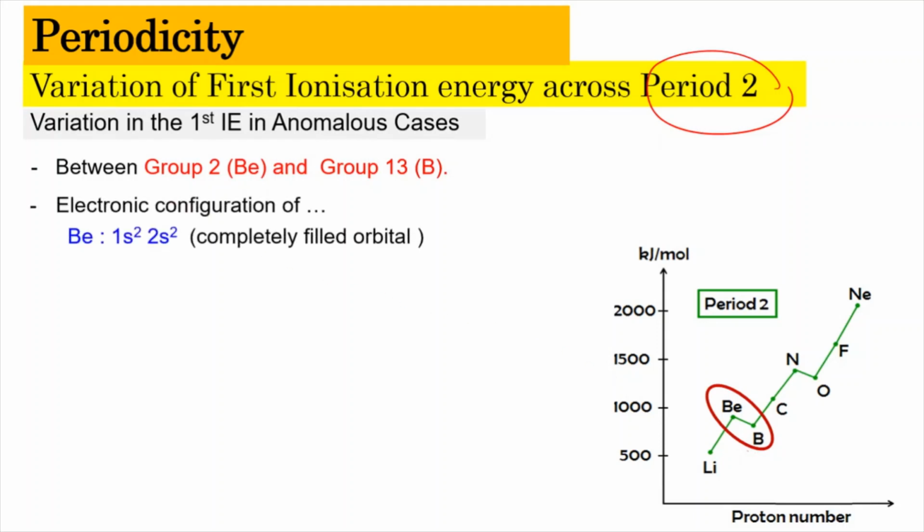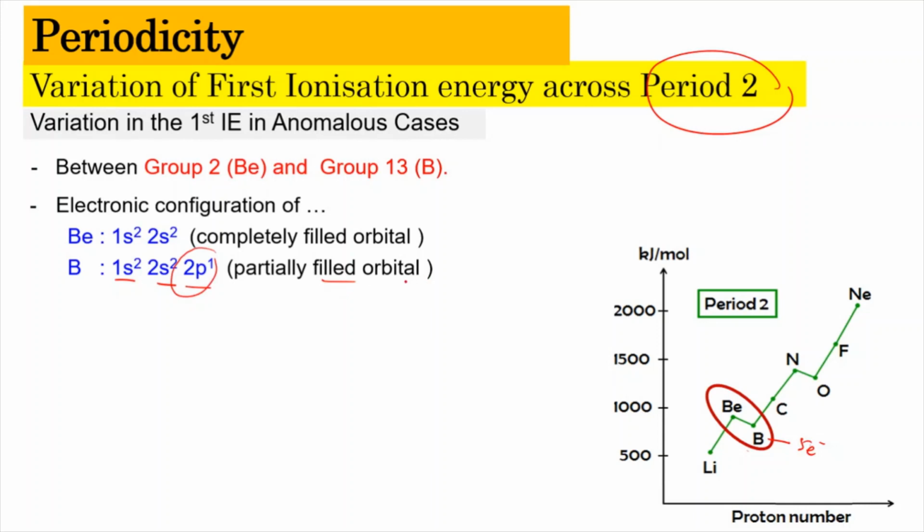Beryllium has 4 electrons, so its configuration is 1s2 2s2, a completely filled orbital. Boron has 5 electrons, so its configuration is 1s2 2s2 2p1, and the 2p1 is a partially filled orbital.